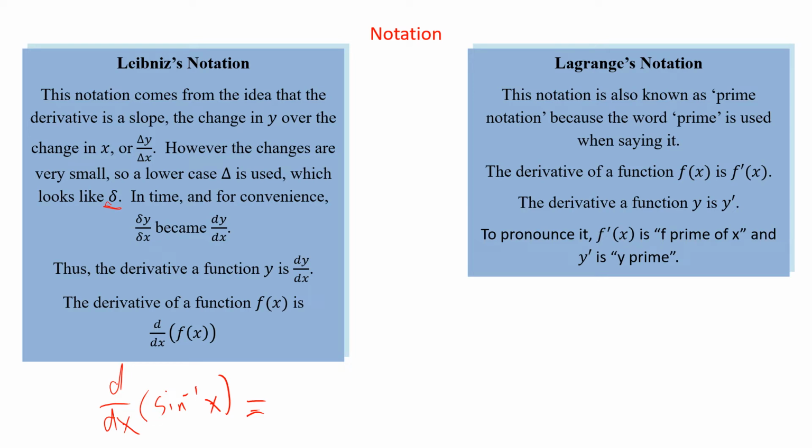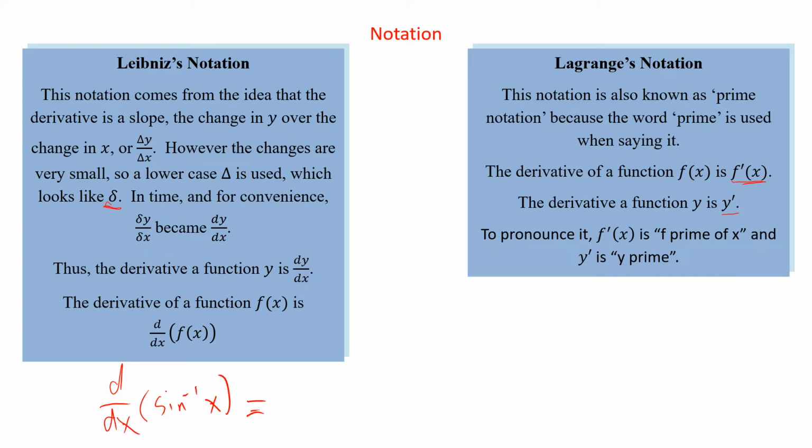It's what I'll use more often, and it's easier when we're working with functions. But prime notation, if we have the derivative of function f of x, that's f prime of x. The derivative of y is y prime.